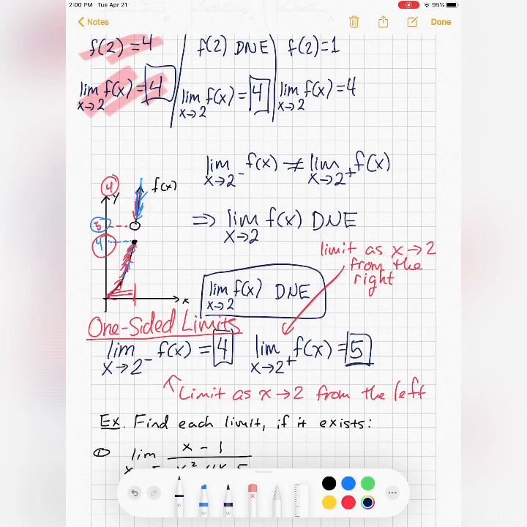That's just a more formal way of saying what I said earlier: in order for the overall limit to exist, I have to be zooming in on the same number from both sides. In other words, the one-sided limits would have to be equal in order for the overall limit to exist.